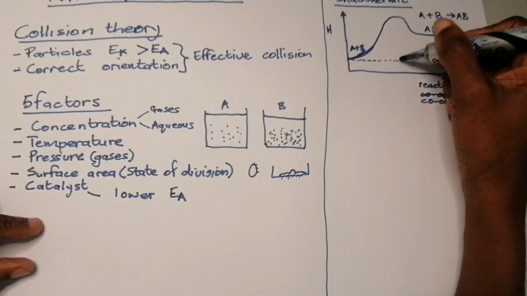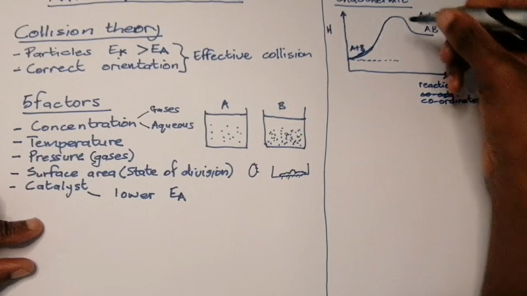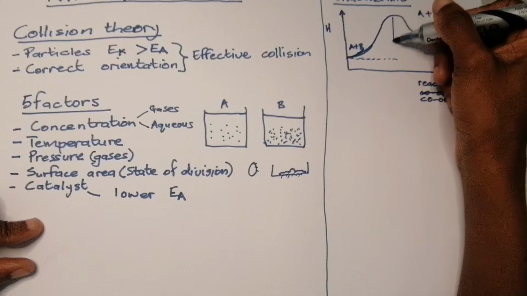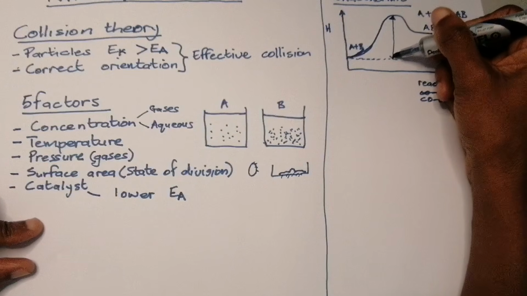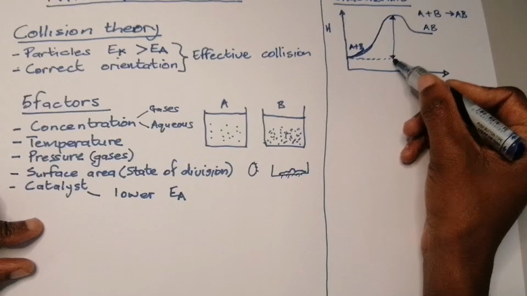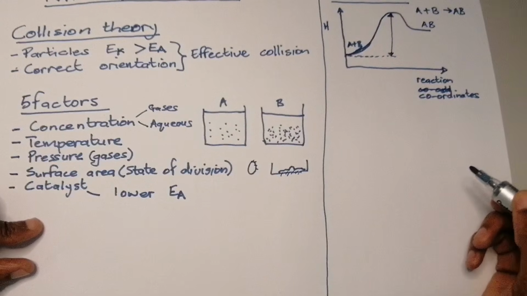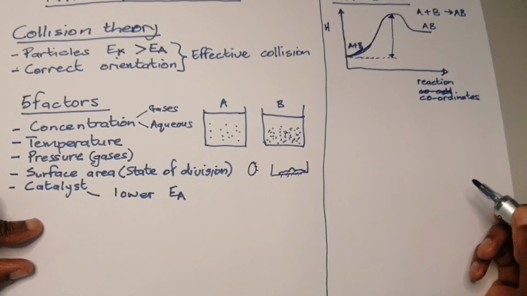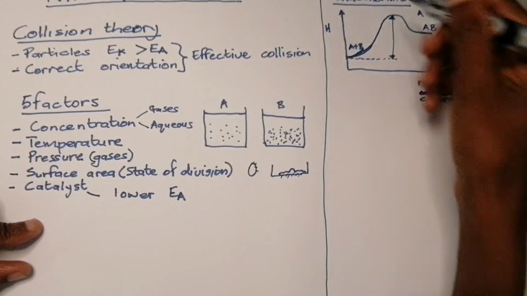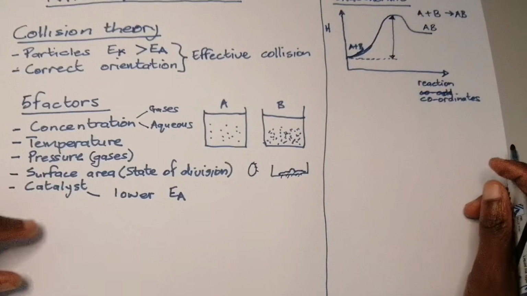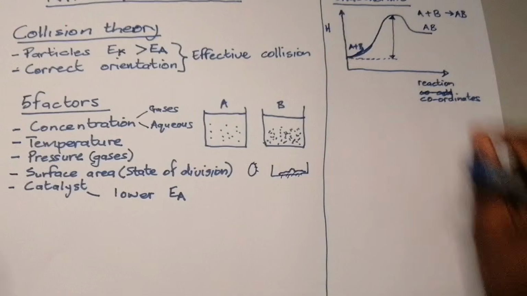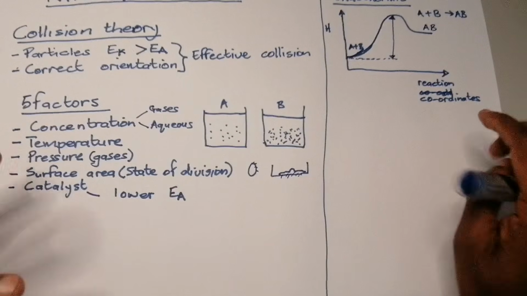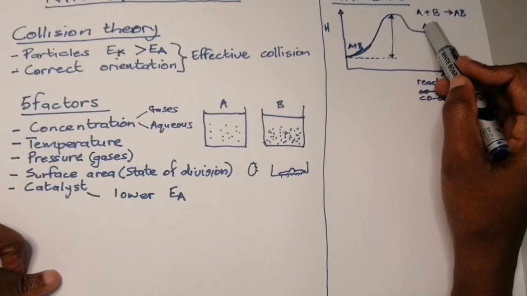Now, several things that I want you to note in this graph. The first thing is this energy here, between the reactants and what we call the activated complex. This is the temporary, unstable state. After they collide, they have high energy and are temporarily unstable just before they form products.